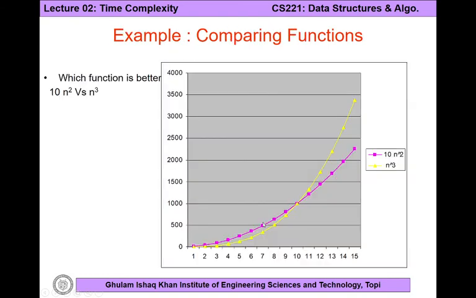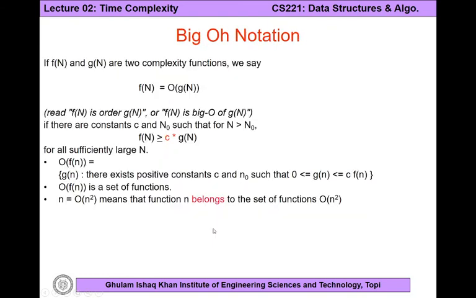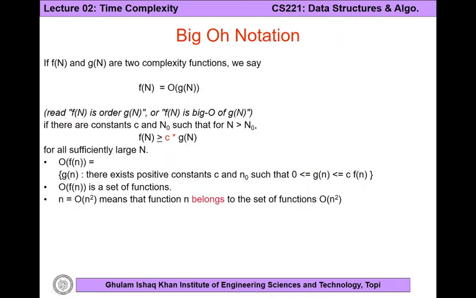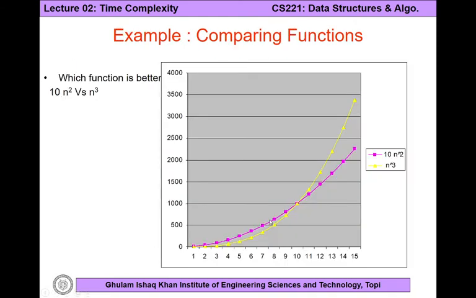So now, given that definition of big O or asymptote, let us come here. If we see here, 10n square versus n cube is an example, and n cube is apparently more than 10 into n square. This pink line represents 10 into n square.